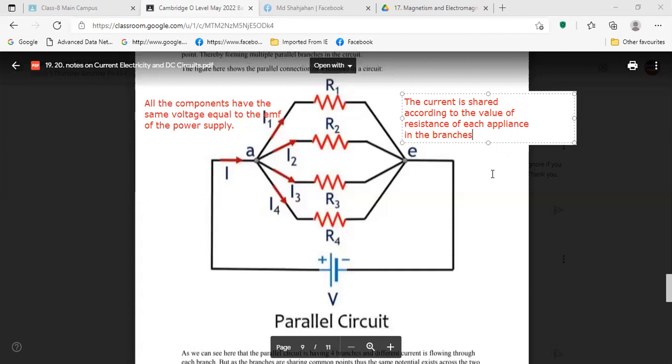Okay, so we can give one example with a circuit. We are trying to understand it using a simple circuit of two resistors connected in parallel.